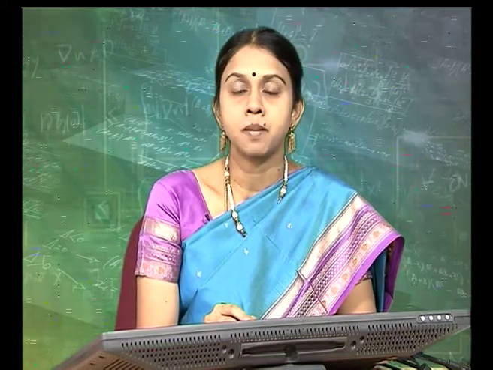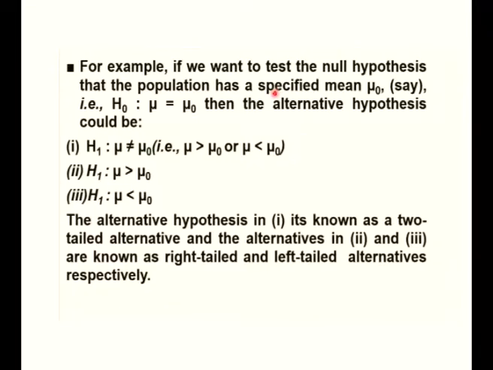So, its alternative will be that there is a difference between sample statistic and hypothetical parameter value. For example, if we want to test the null hypothesis that the population has a specified mean mu naught, say H0 is such that mu is equal to mu naught, then the alternative hypothesis will be H1 such that mu is not equal to mu naught.